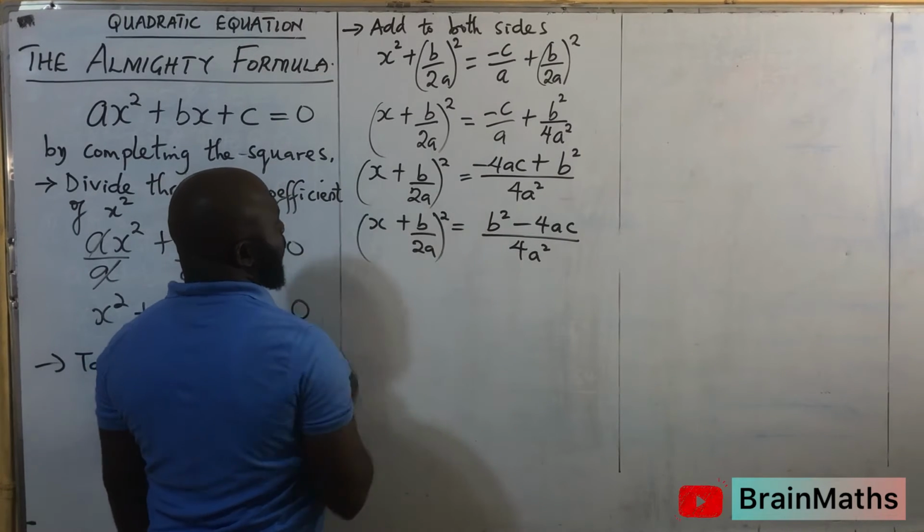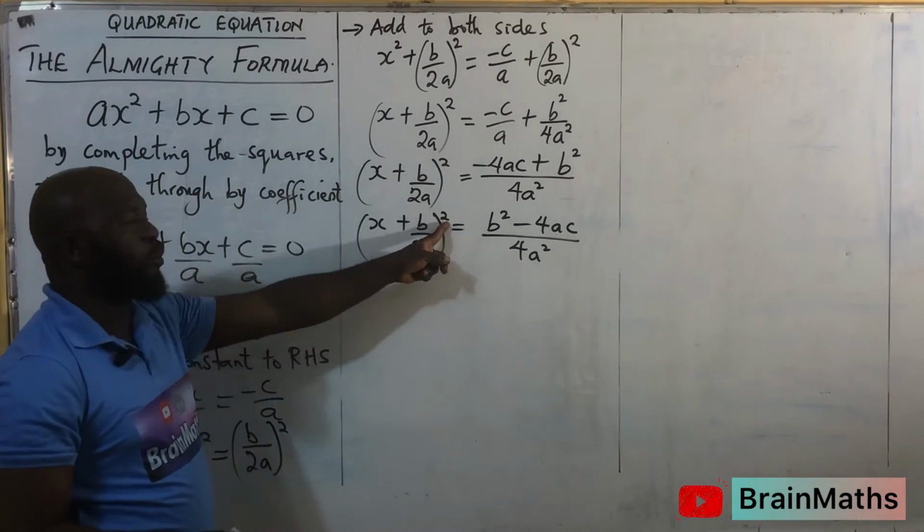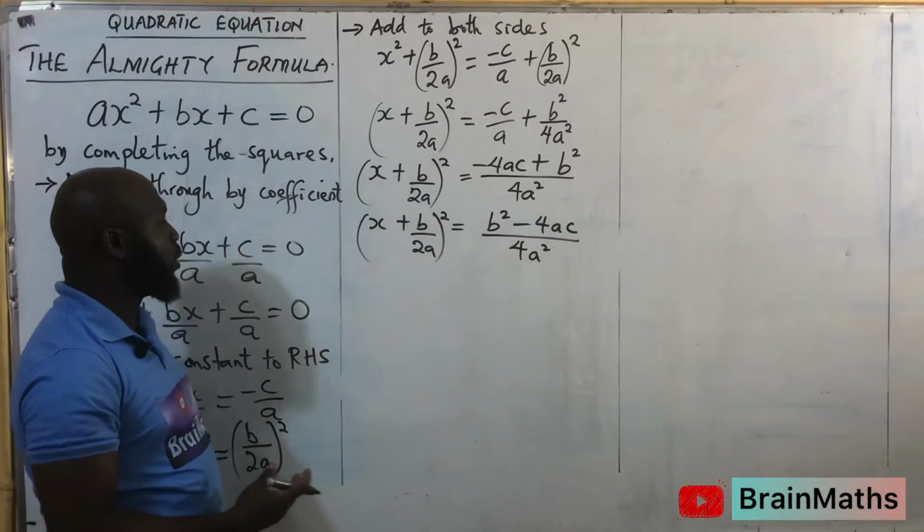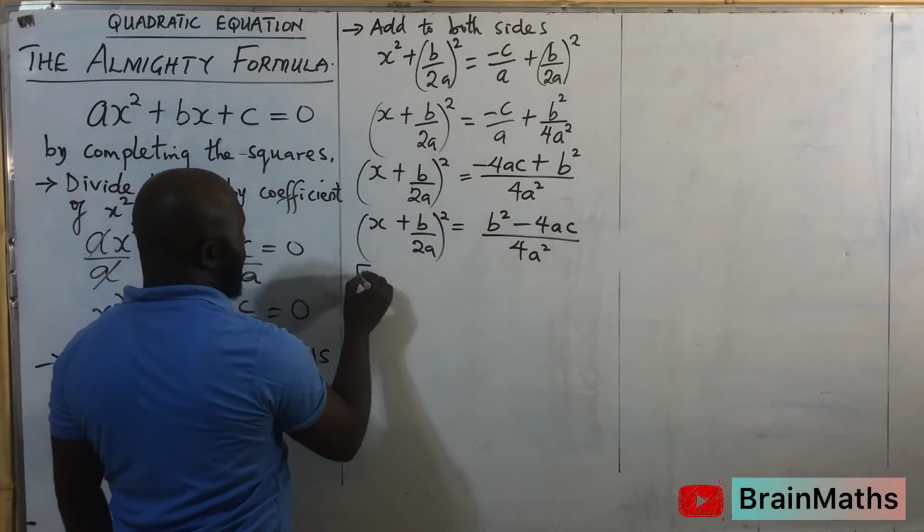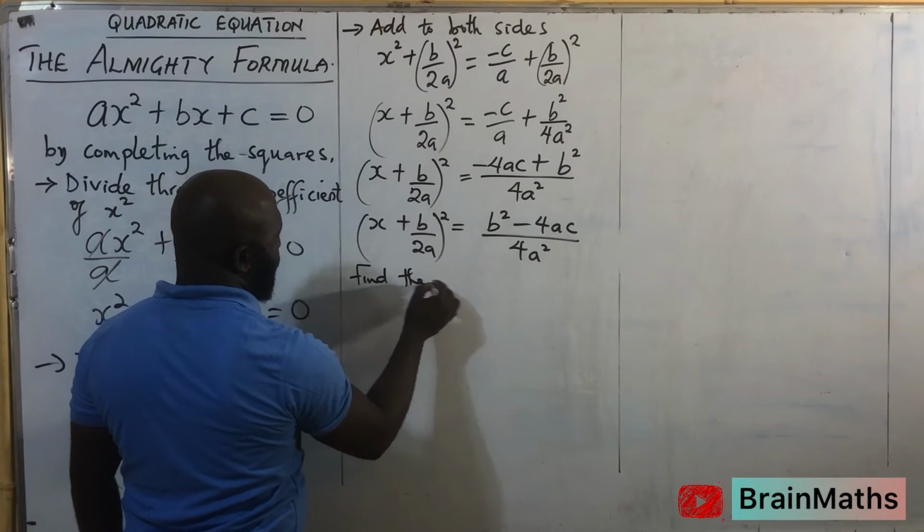So the next thing is to remove this square from here, and to remove the square, we find the square root of both sides.